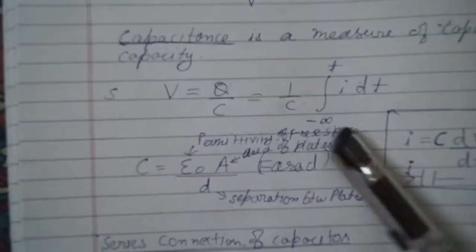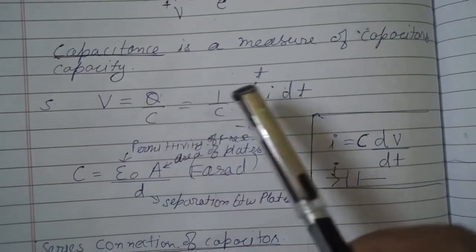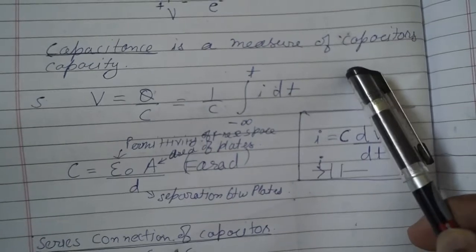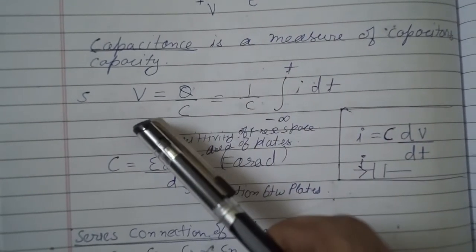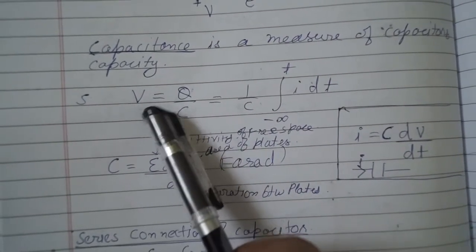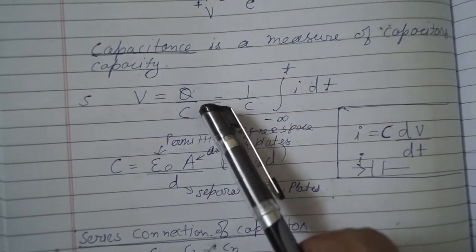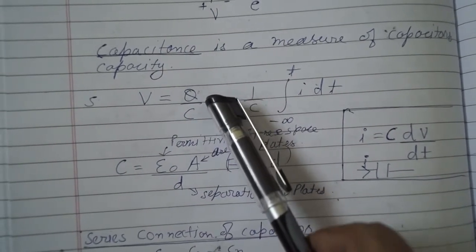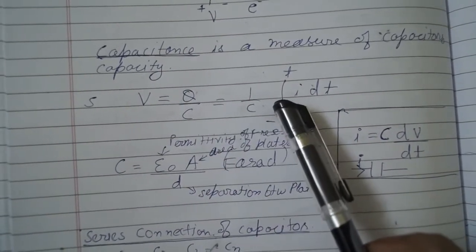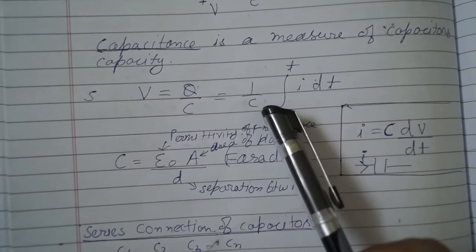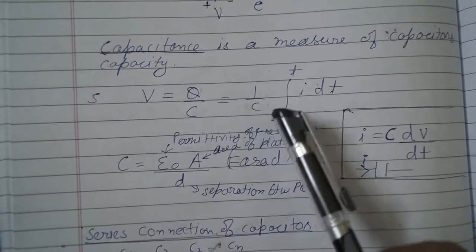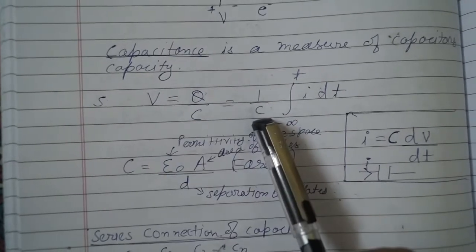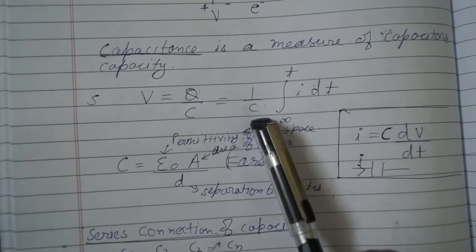And then we have capacitance. Capacitance is the measure of a capacitor's capacity. It is given by the famous formula V equals Q by C, or Q equals CV.